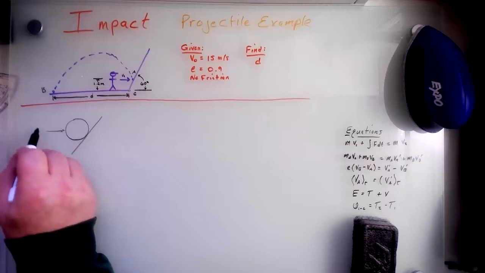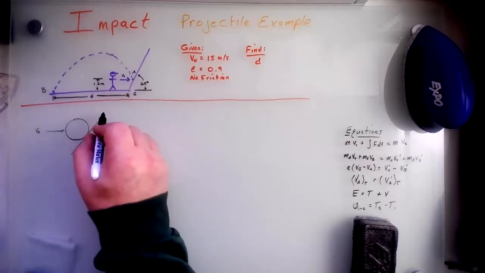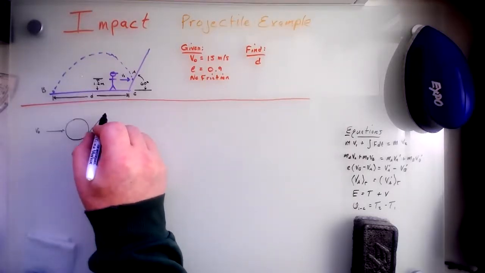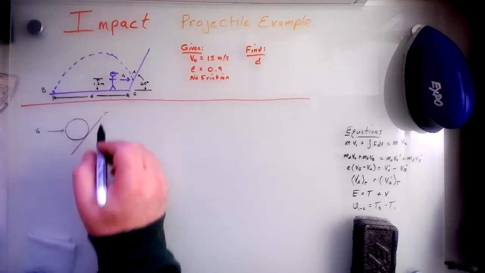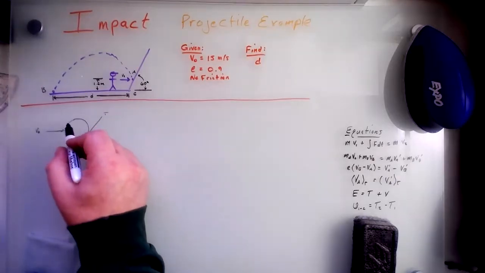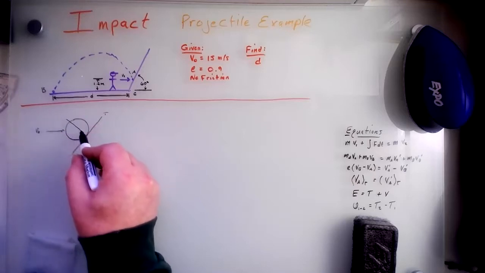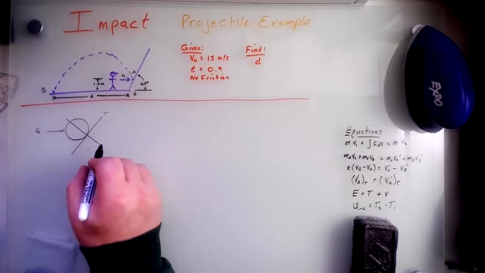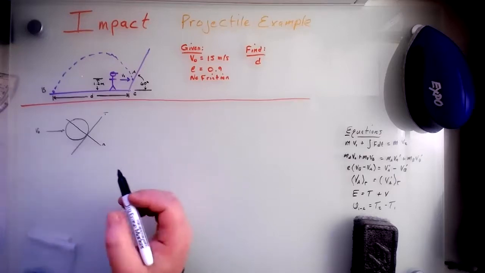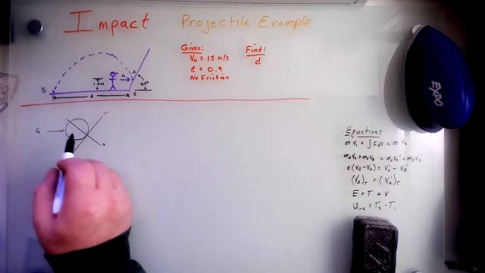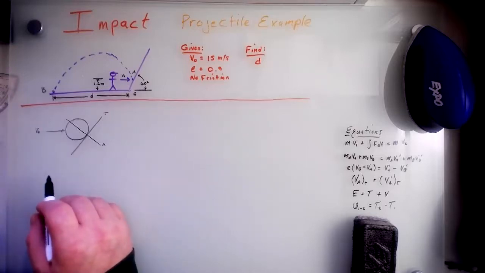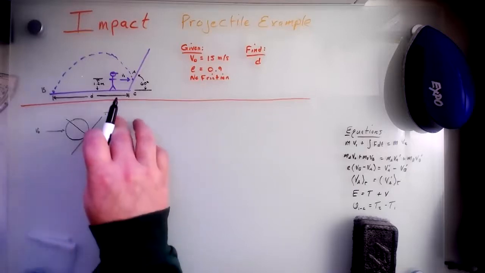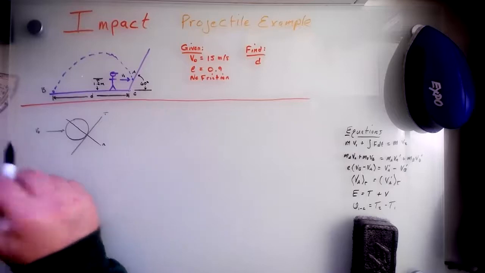We'll just call this V naught, and as we know from the lecture, this is the tangential direction. And this is the normal direction. So we could choose either. At impact, there is a normal and a tangential component to V naught.